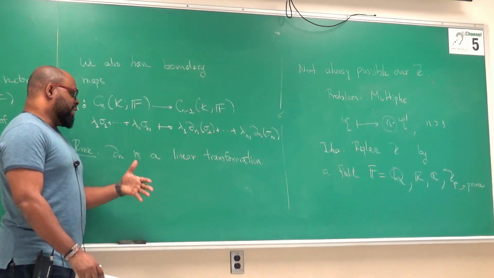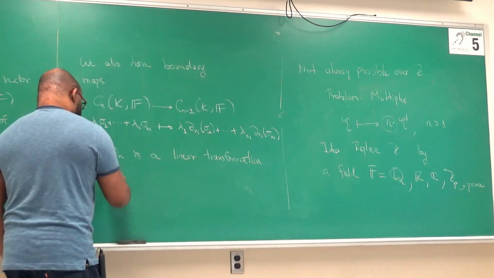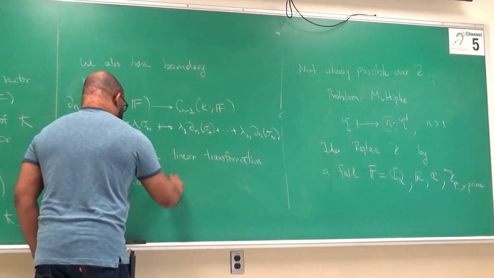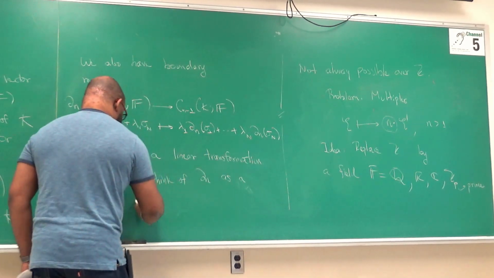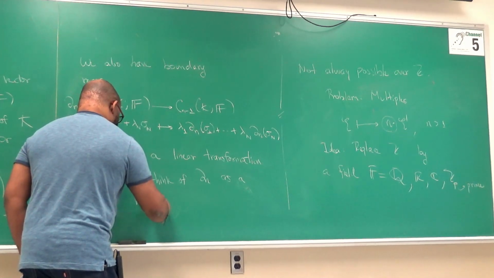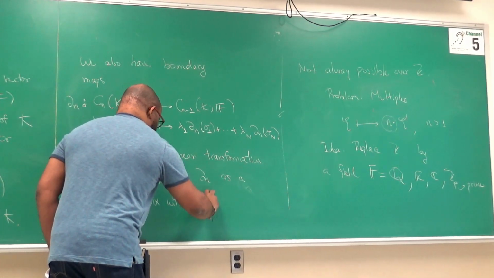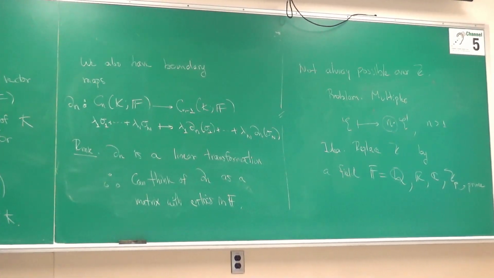So in particular, one can look at it as a matrix. So you can think of delta n as a matrix with entries in F. Okay? So what do we have thus far?